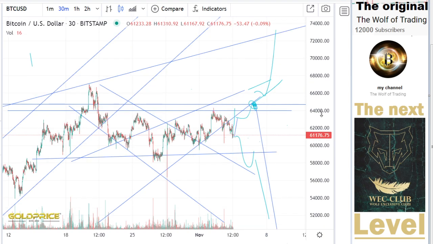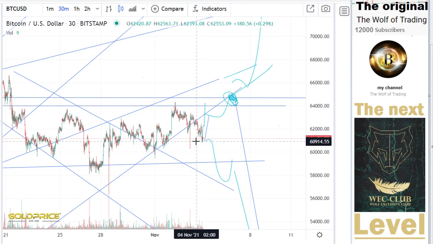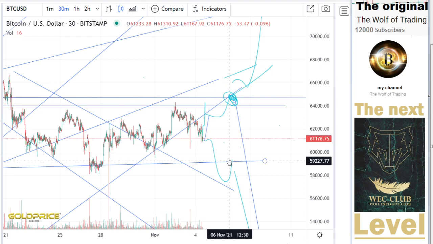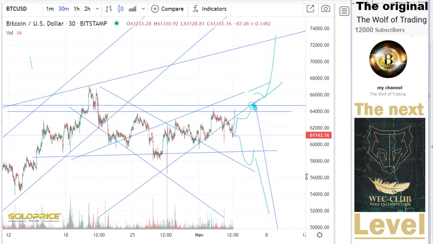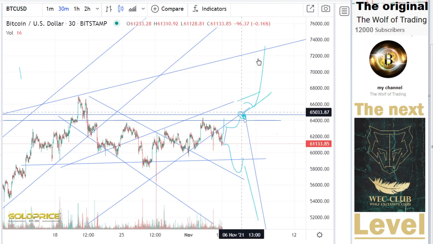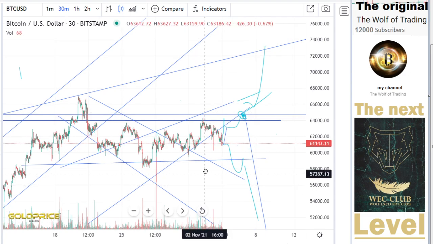Now to the negative: as I explained a few minutes ago, we have the possibility that the whales can switch this to the downside here. It's the same formation, they switch, and then they could make this. So everything goes in another direction, and you can forget the price rising to 72,000.